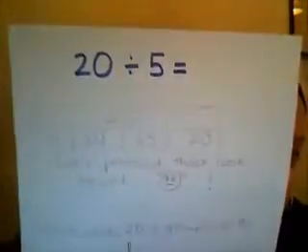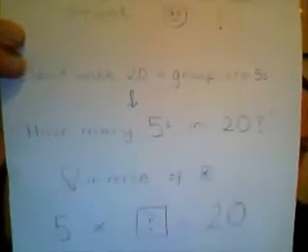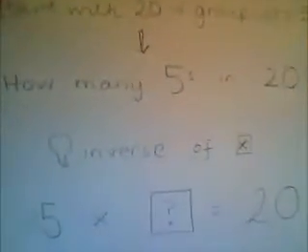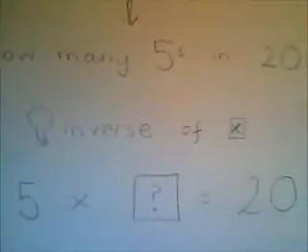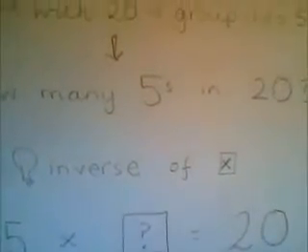And when we start to think of it like that, it helps us make the link with multiplication, because division is the inverse of multiplication. So when we start thinking about division like that, it helps us look at this way of thinking. 5 times what is 20?